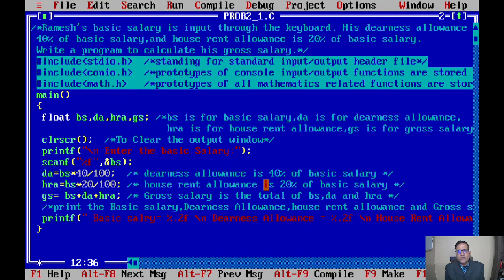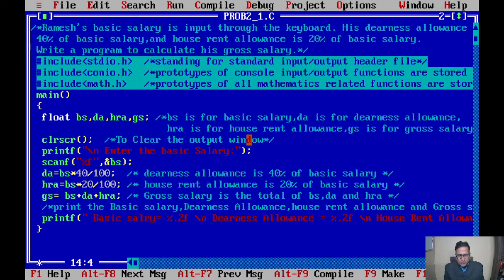It is demanded from the user. And after that we use the scanf command, which takes the value entered by the user to this address, which is the location of BS.